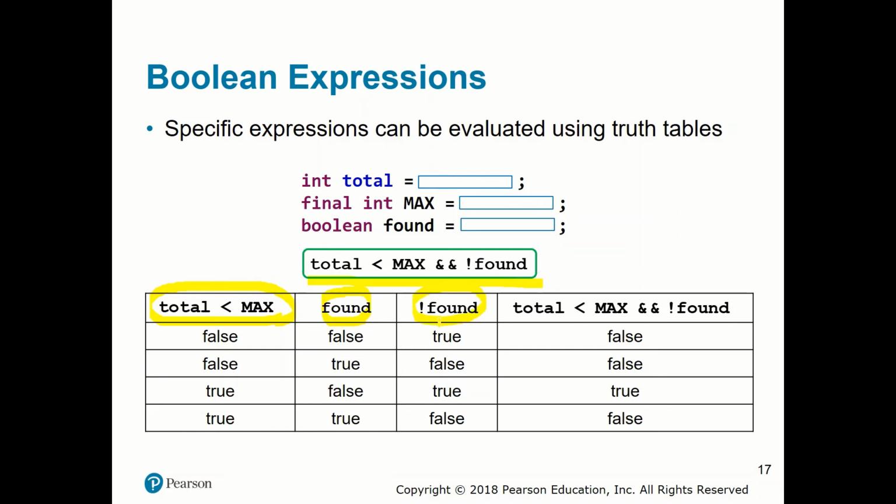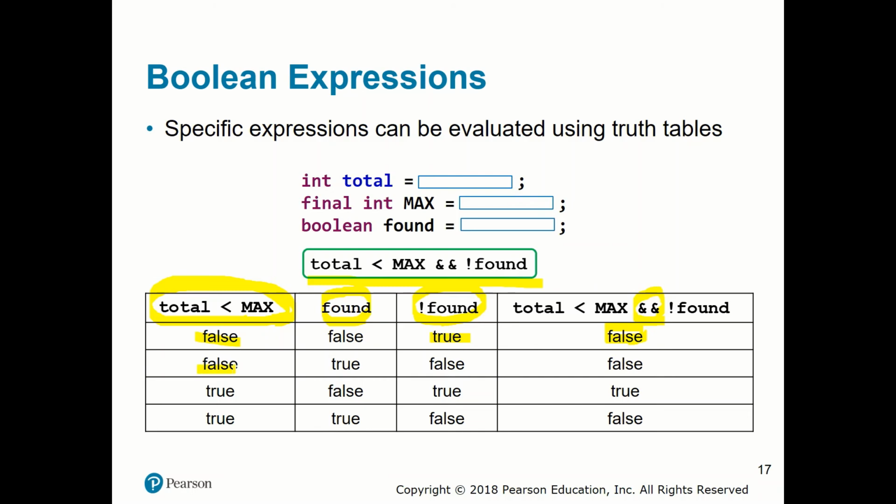This is just a negation of the found value. So false becomes true, true becomes false. And this expression depends on the value of total and max. If this is false and this is true, then the AND operator will give false, right?